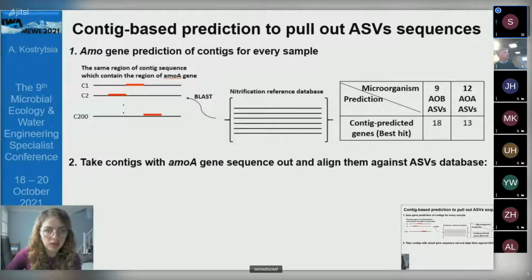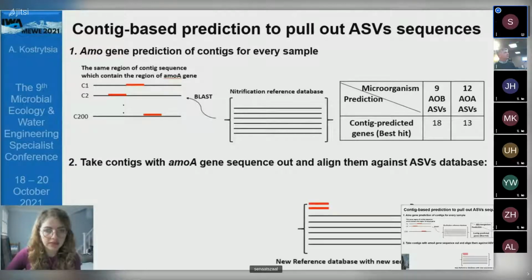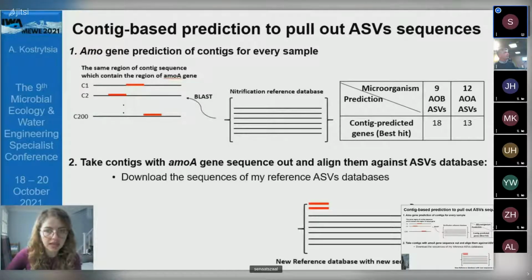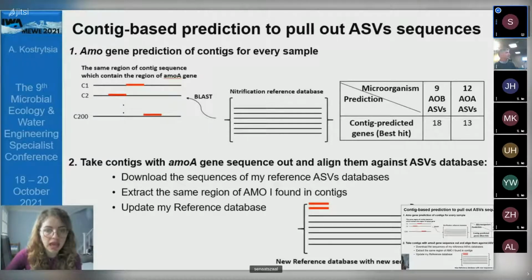Then we took contigs with amoA gene sequences out and aligned them against our ASV database. We downloaded the sequences from our reference amplicon database, extracted the same region of amoA found in contigs in the metagenomic database, and updated our reference database with those.